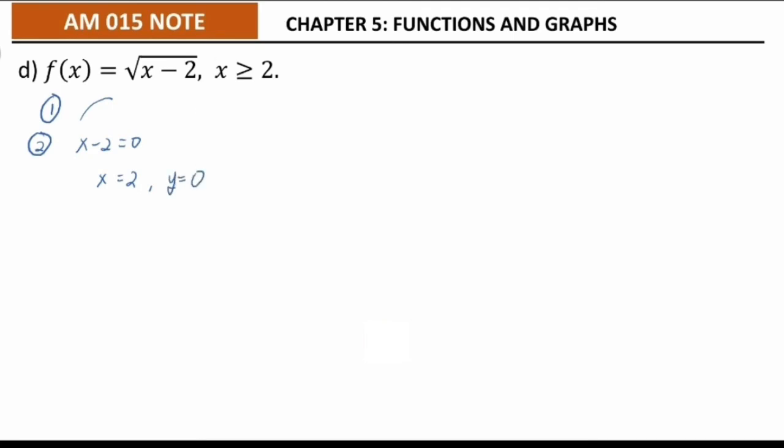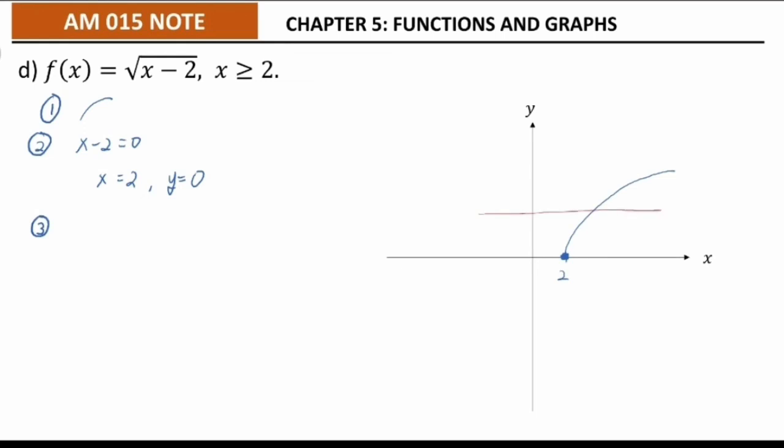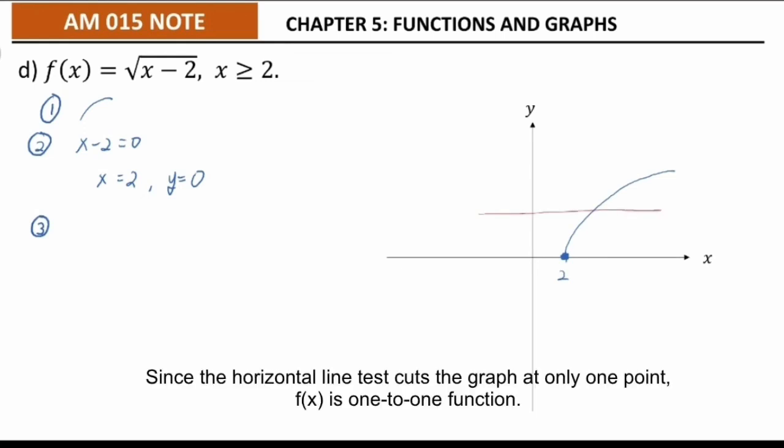Sketch the graph: x equals 2, y equals 0 is here. The starting point is (2, 0), and then the graph goes to the right and above. Draw the horizontal line test. Since the horizontal line test cuts the graph at only 1 point, f(x) is a one-to-one function.